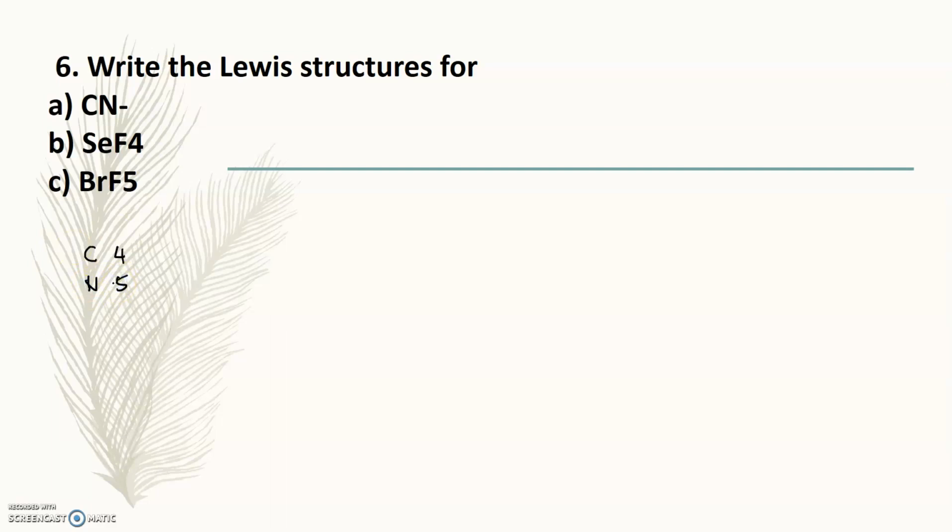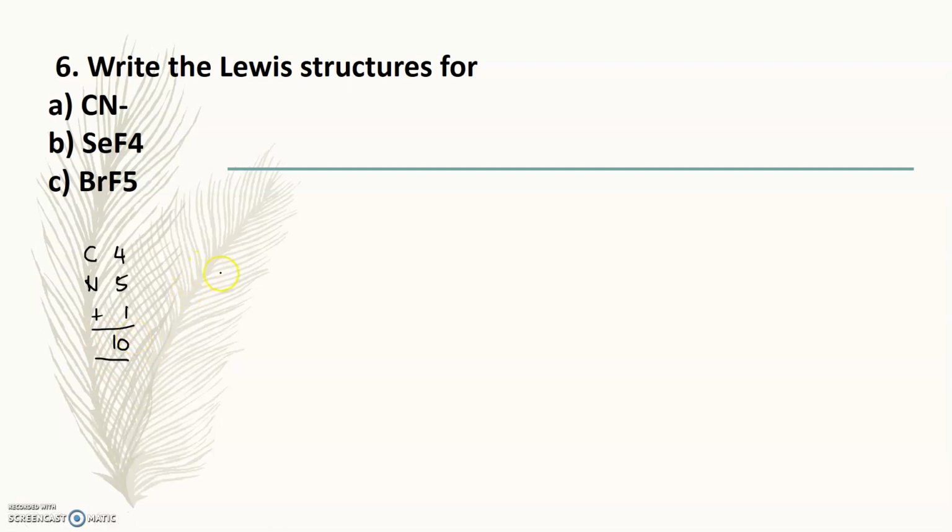Remember, for forming a Lewis structure we use only the valence electrons, and there's an ion here, which means there is 1 additional electron. So total is 10 valence electrons.